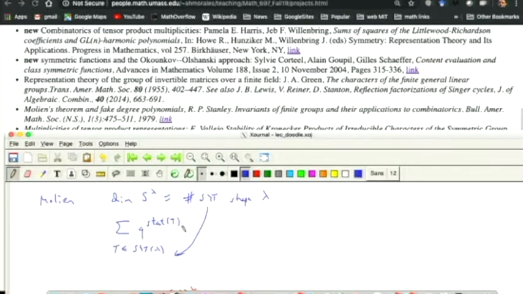If you look at the coefficients of this polynomial, which are non-negative integers by construction, these are called fake degrees, a term given by George Lusztig, who's a mathematician at MIT. These coefficients have a significance. This paper by Richard Stanley is related to this result.